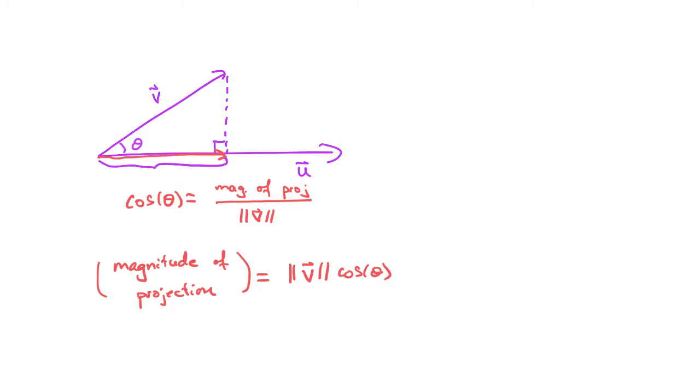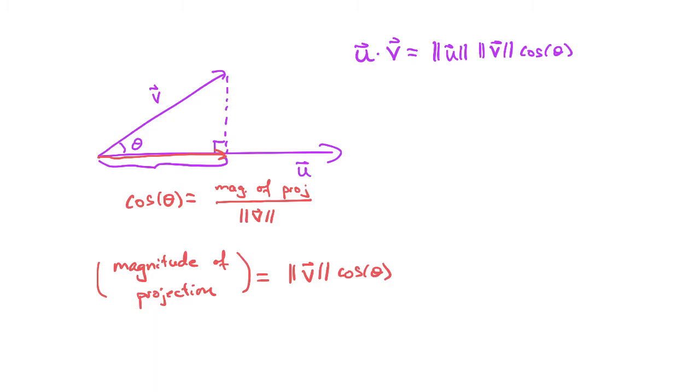Well, we've seen an expression that involves that cosine, and that's coming back to our dot product. Remember that u dot v is equal to the length of u times the length of v times the cosine of the angle between them.